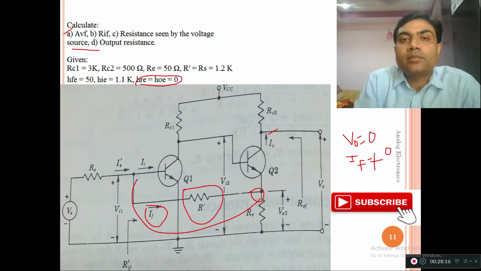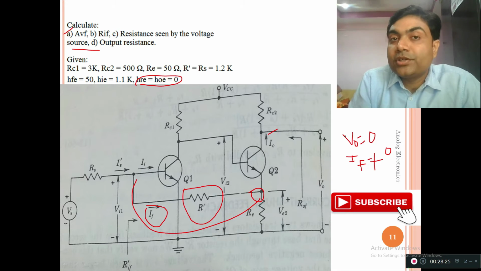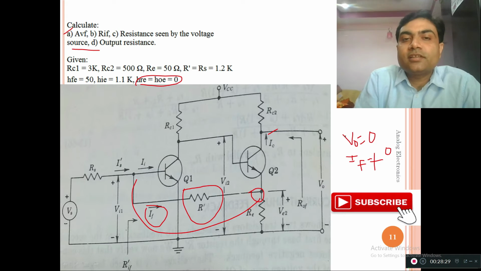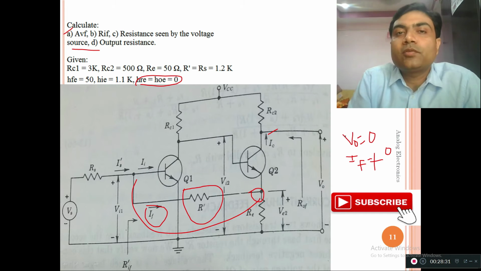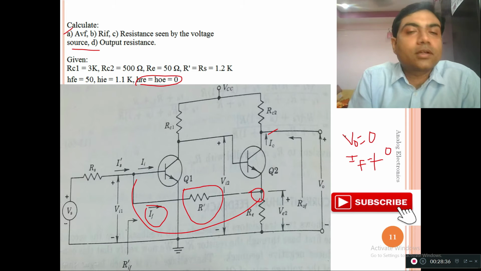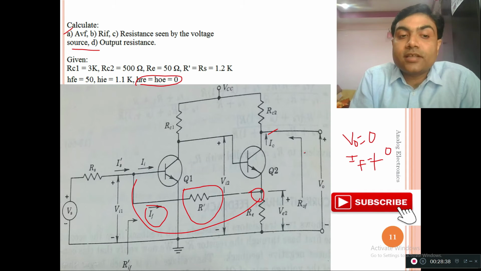If V naught equal to 0 makes the feedback vanish, then that is voltage sampling, which was the first case. But in the previous case and in this case, making V naught equal to 0 does not affect my feedback network. So this is again current sampling.